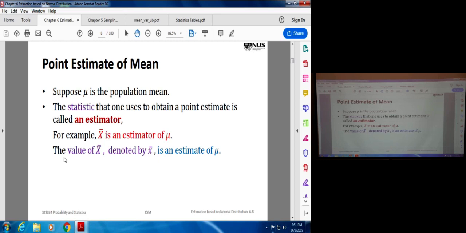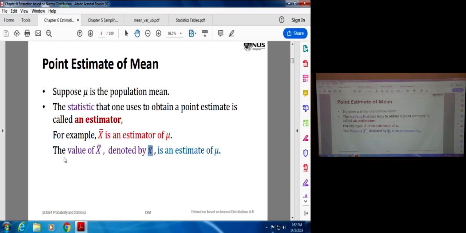Remember that in this language, capital X bar is a random quantity. That means that we write it in capital letters. In practice, you observe your data x1 up to xn and you compute the sample value, and we use lowercase notation.